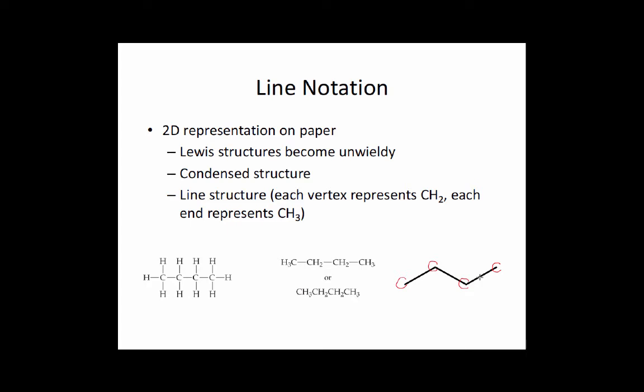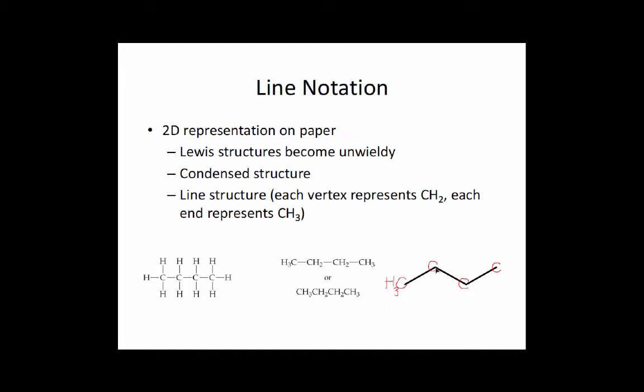For example, on the left here, where we have a carbon atom connected to one other carbon atom, we know that carbon needs to make 4 bonds, so it would also have 3 hydrogen atoms connected to it. So we could also write CH3 here on the end to represent that.